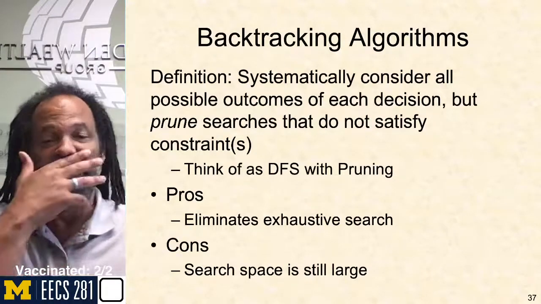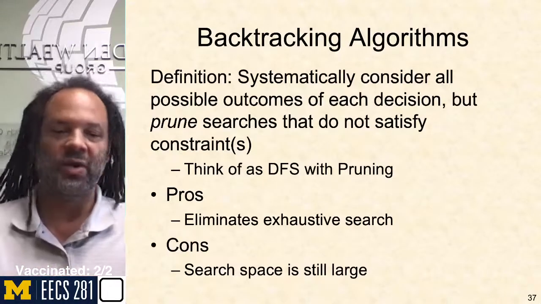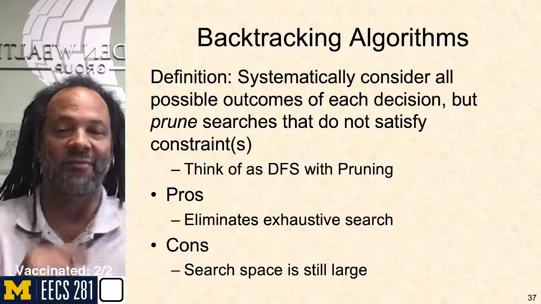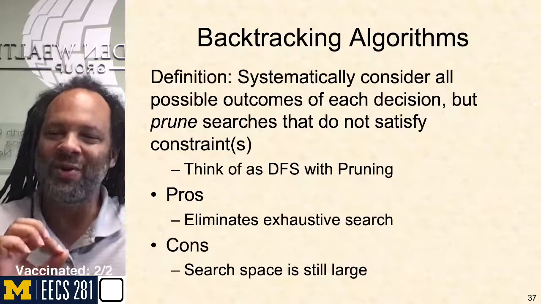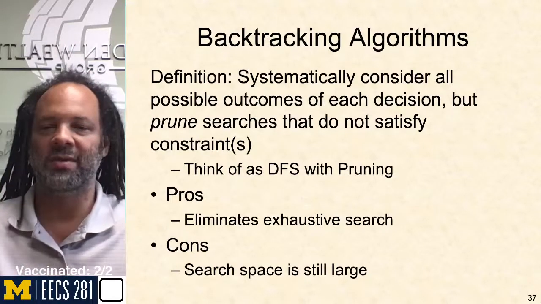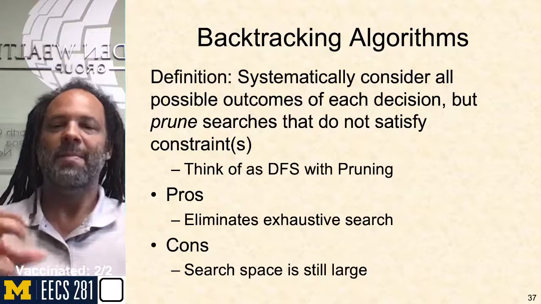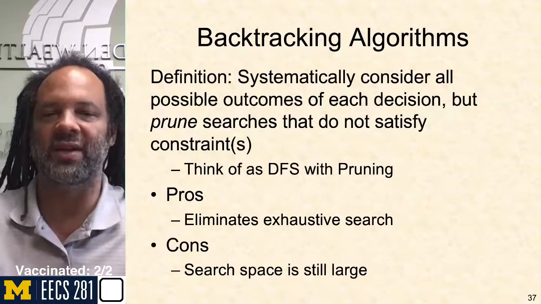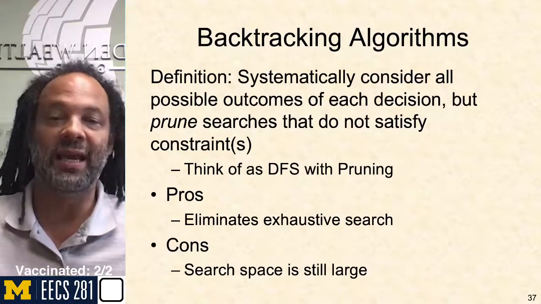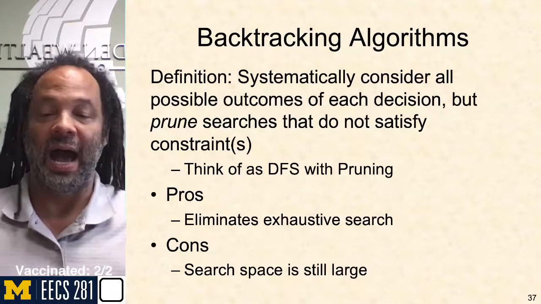The pros are that this actually eliminates an exhaustive search. So here's where we get to real brute force. Exhaustive search is everything. Where this sounded brute force-ish, systematically consider all possible outcomes, it doesn't actually end up exhaustive because we get to prune searches that don't satisfy, and oftentimes, since we're trying to get a solution that satisfies any constraint, as soon as I finish, I'm done.